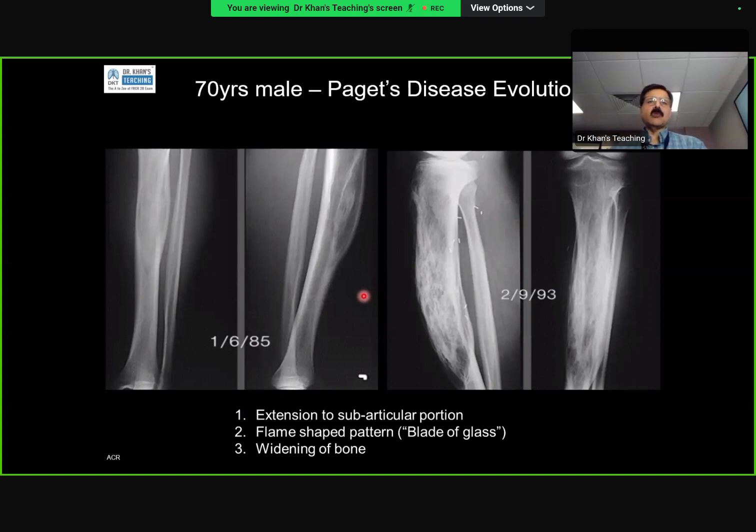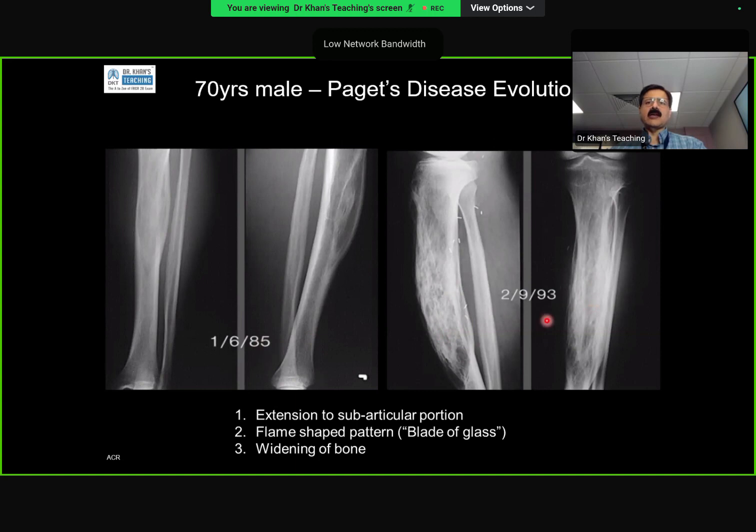Now look at this from ACR, American College of Radiology. This is lucency in the cortex anteriorly, and how it has become more coarse. As the time goes, it has become thick, coarse, and there is a bit of bowing of bone also.